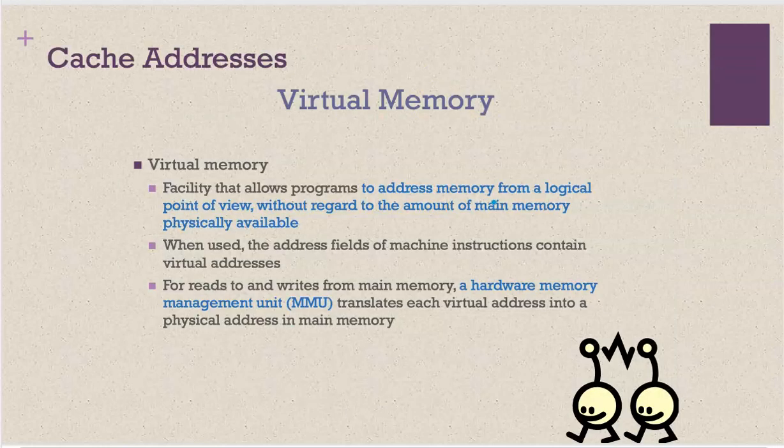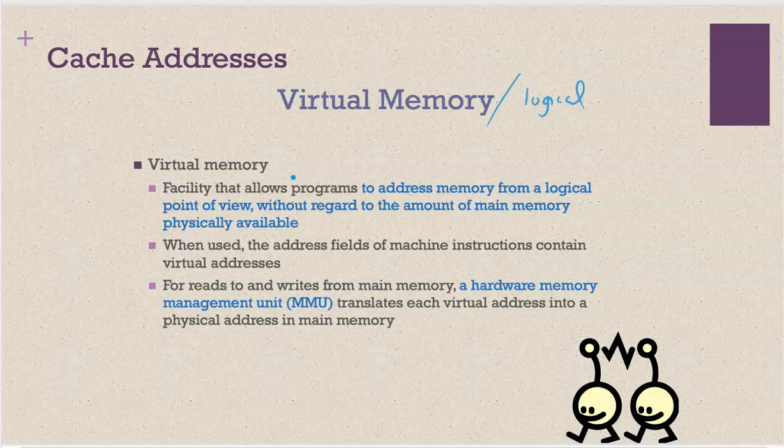For cache address, let's talk about virtual memory first, or logical. Virtual memory is a facility that allows programs to address memory from a logical point of view, without regard to the amount of main memory physically available. The name virtual means that it is making an address that sometimes can be the same place or sometimes does not exist.